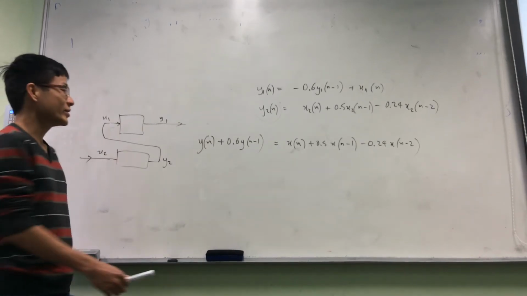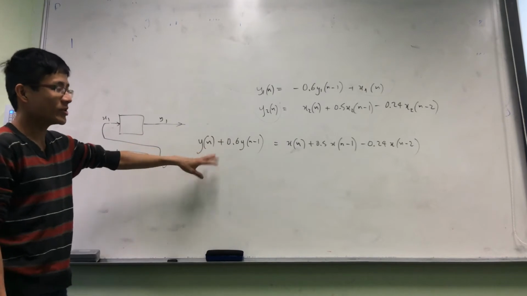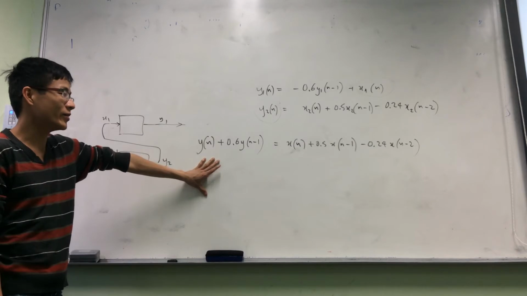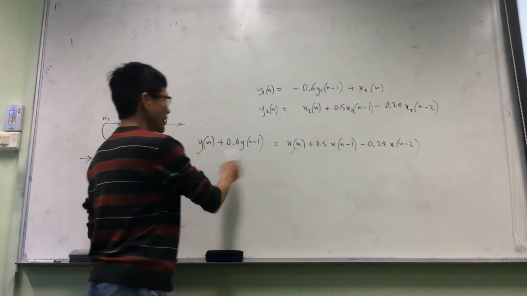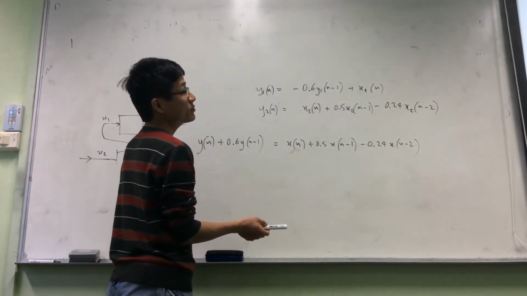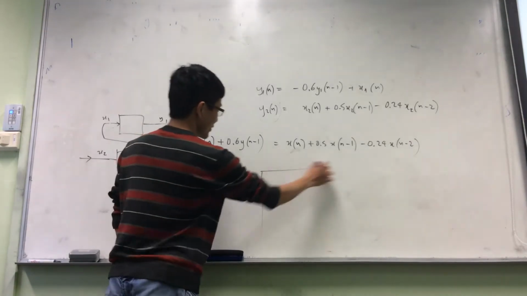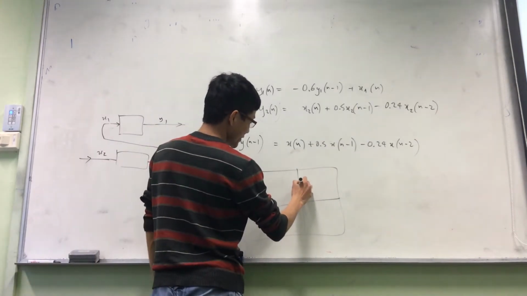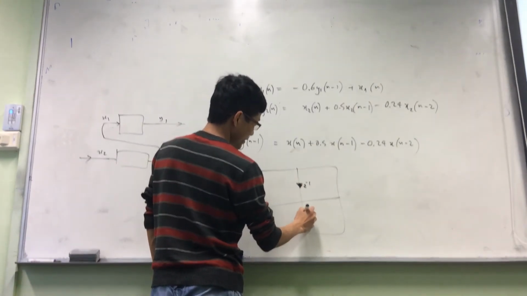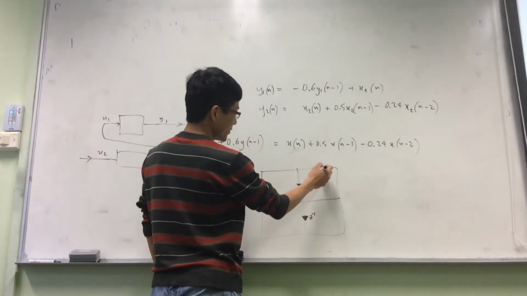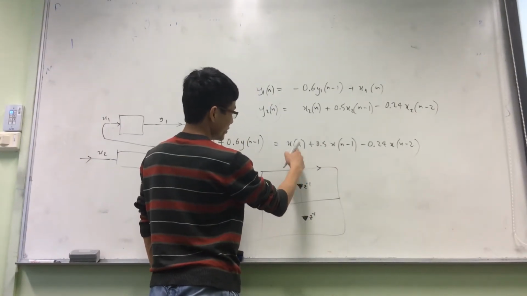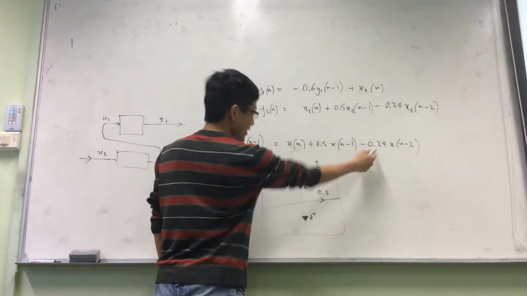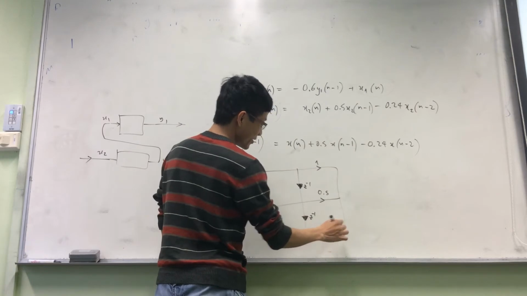Alright. This one is not asked in the question, but if they ask you to draw the block diagram of this one, what would it look like? Direct form, from two organizations, we're always going to be like this. We have the delays here and delays here. The constant of x will be 1, then 0.5, then minus 0.24.